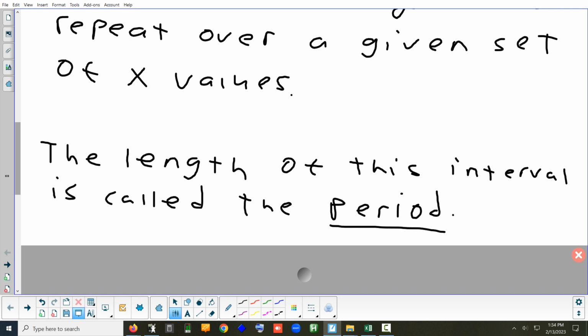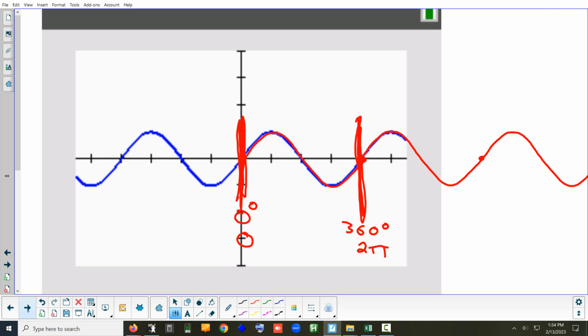So the length that you travel before the graph repeats itself is called the period. Now, a couple people already figured it out. My next question was going to be, how far do you have to travel before that graph repeats? It's 360 degrees, or 2 pi radians.